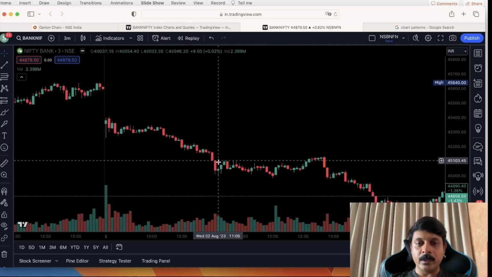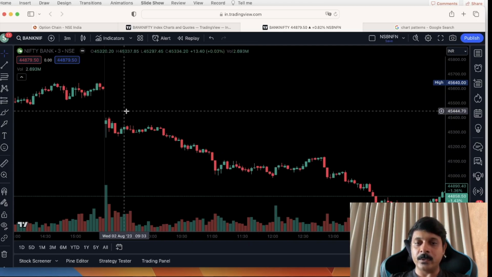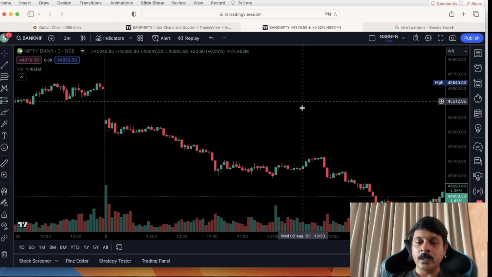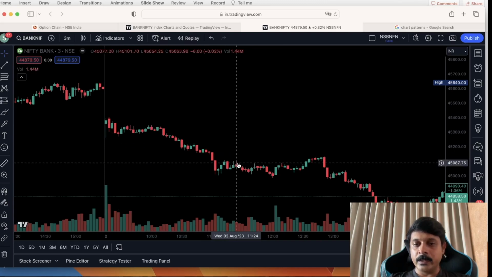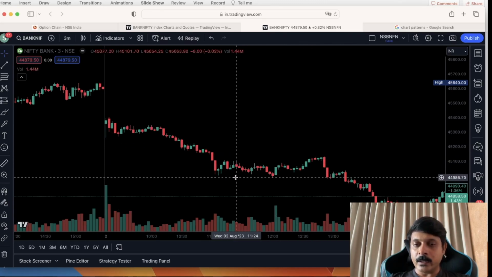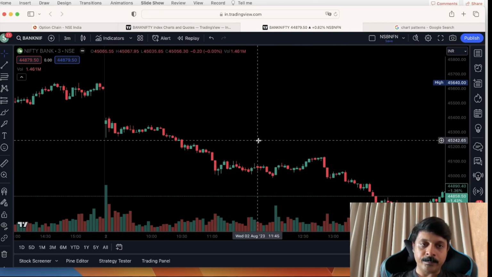Like when you come here, frankly speaking, this was not a reversal pattern, it was a consolidation. The funda is just this: the market moves in one direction, then it consolidates. Most likely, if it consolidates near the day low, it tends to fall only.